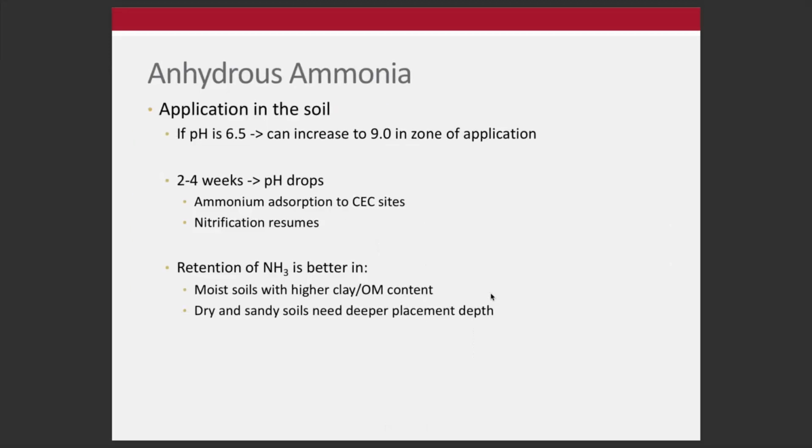When that anhydrous hits the soil, if the soil pH is, say, 6.5 and is optimal, it can increase that banded zone to say a pH of 9 in a split second. Within a few weeks, that pH drops as the ammonium is absorbed to CEC sites, and nitrification is converting that ammonia, i.e. ammonium, into nitrate.